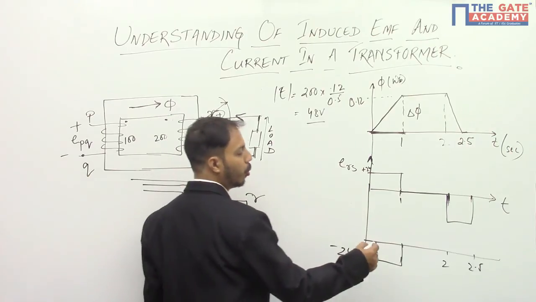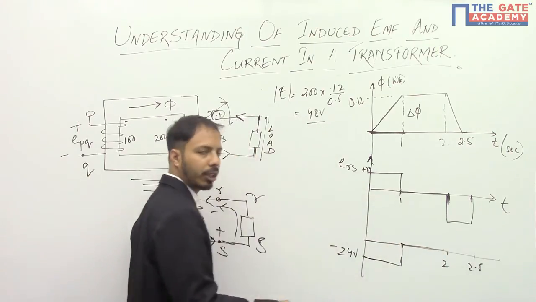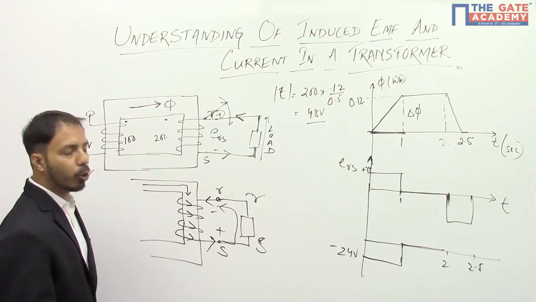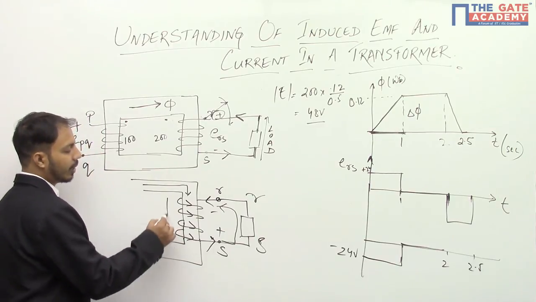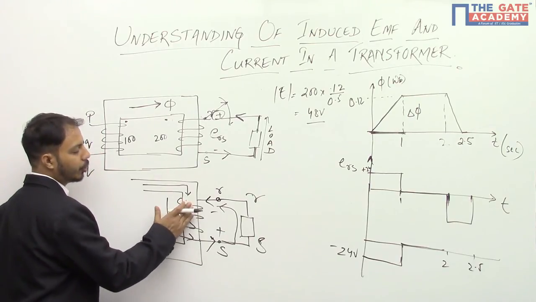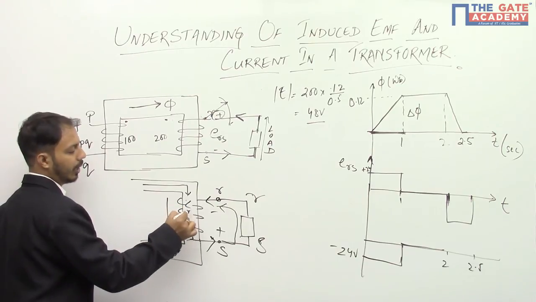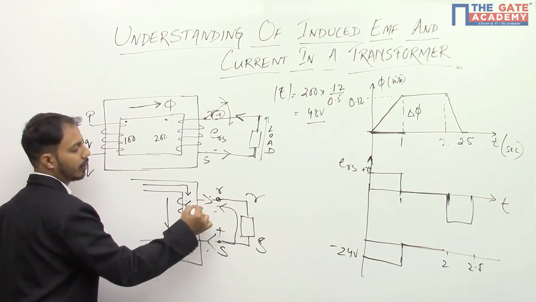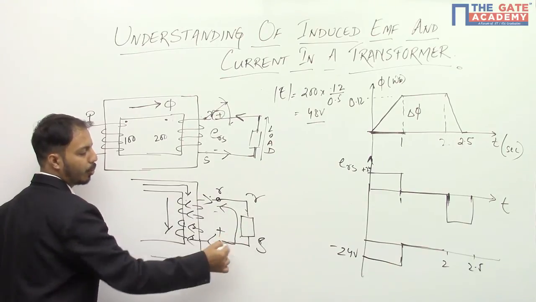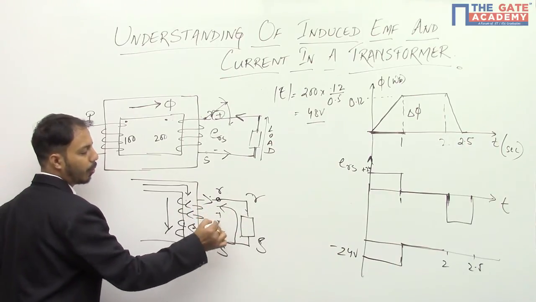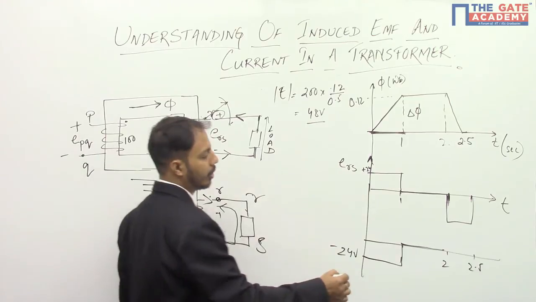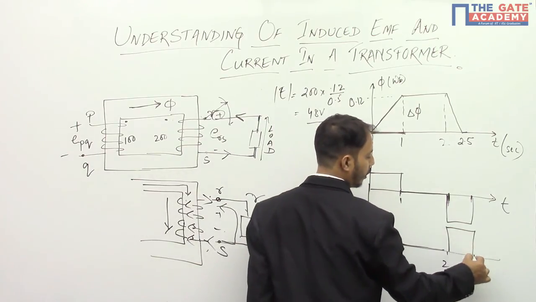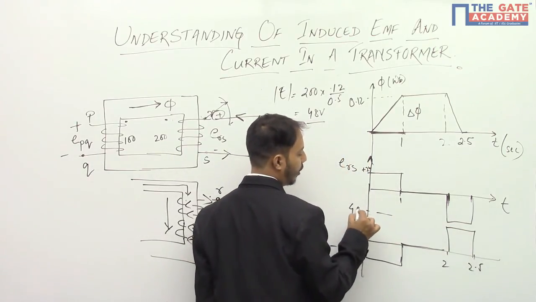From 1 to 2, anyways, there is no induced EMF, so it is 0. And from 2 to 2.5, I need a flux in this direction, so the current should be along this, and that means here current will be flowing from R to S through the load. So this should be positive and this should be negative.